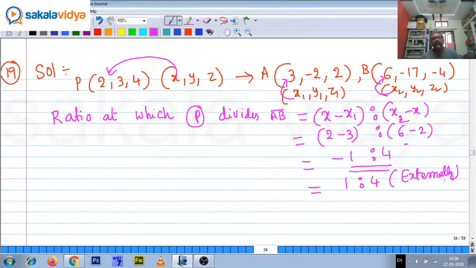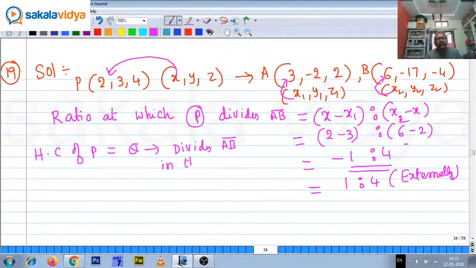Now what is the conjugate of P? Harmonic conjugate of P means the point which divides AB 1 is to 4 internally. That we need to find out. So the harmonic conjugate of P equals Q, which divides AB in the ratio 1 is to 4 internally.